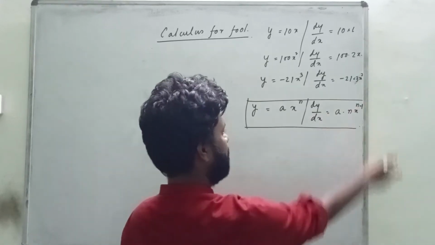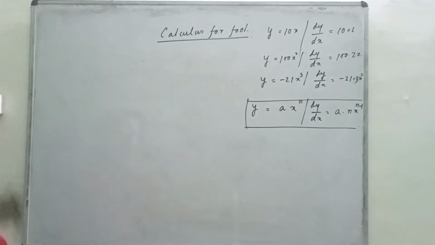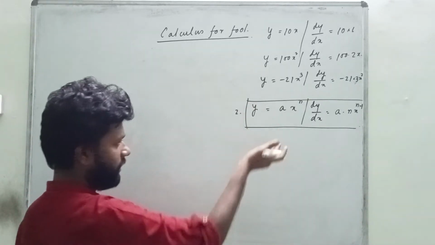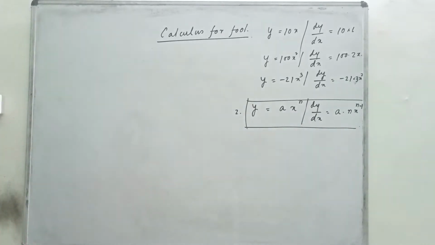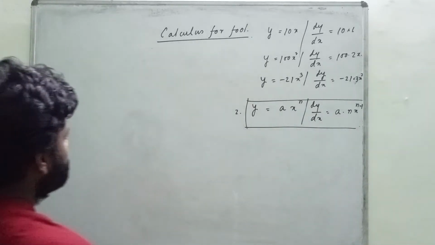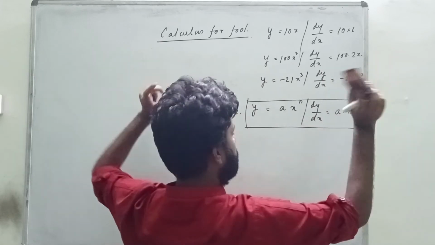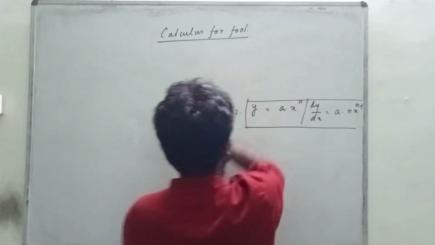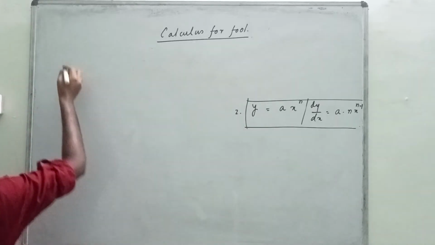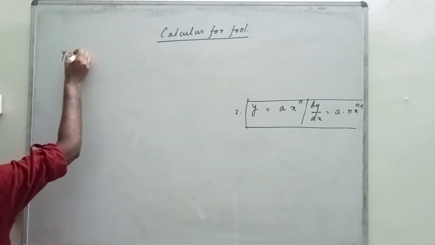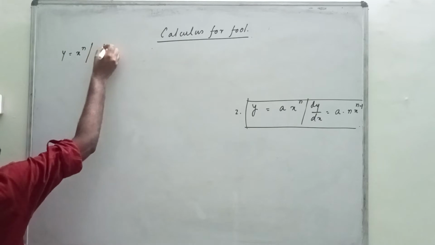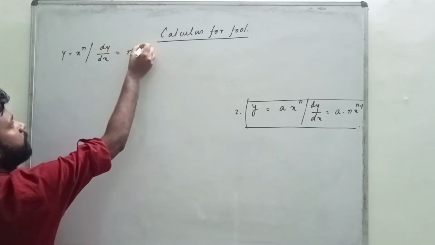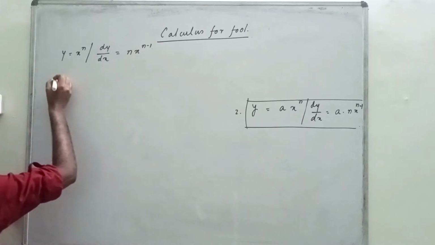This is the second formula of our differentiation. And the first formula of dy over dx: if y equals x power n, dy over dx becomes n x power n minus 1.